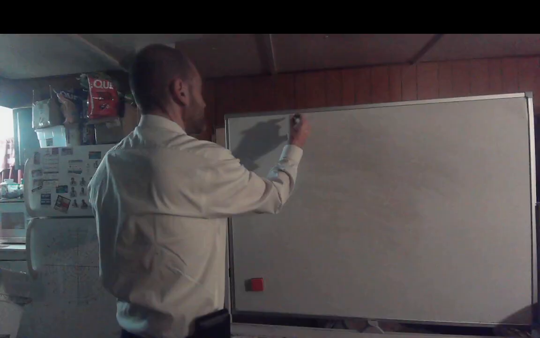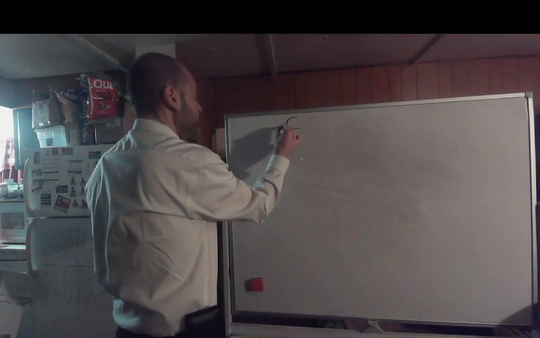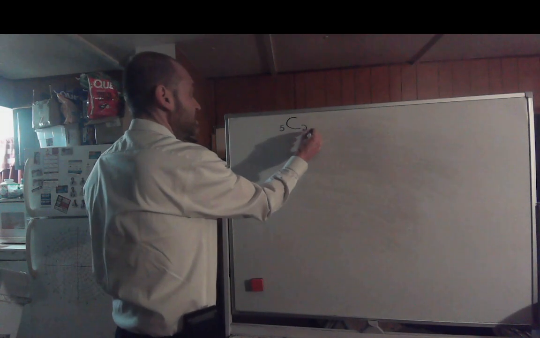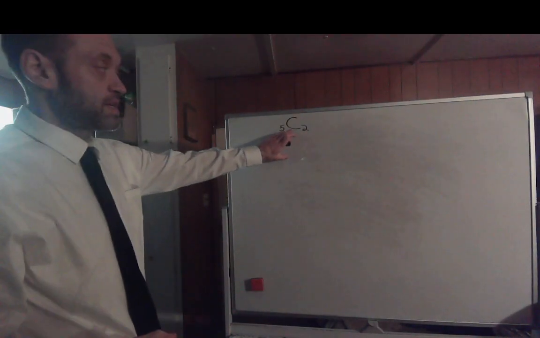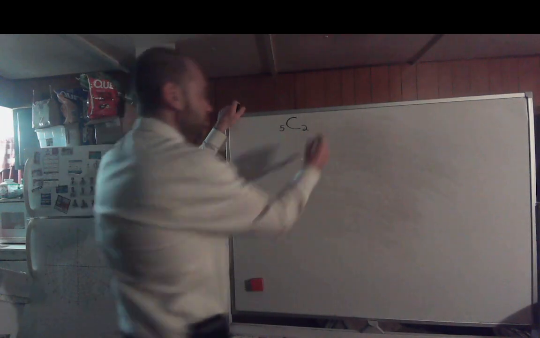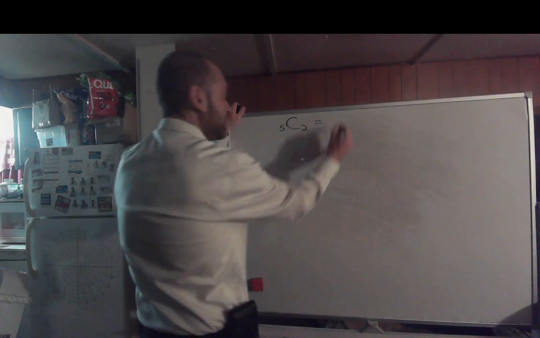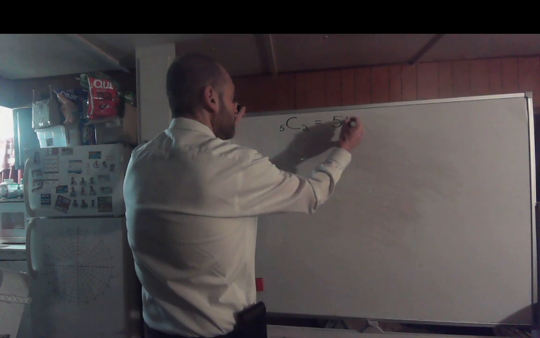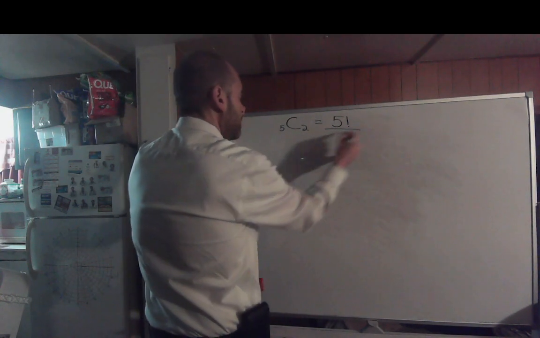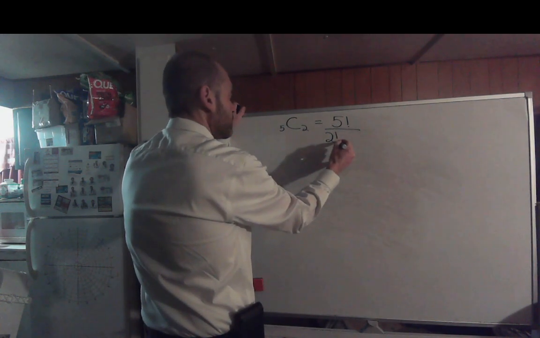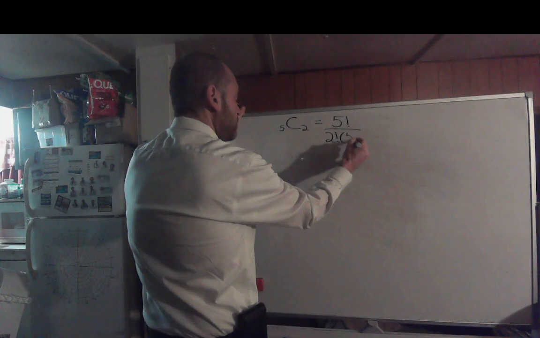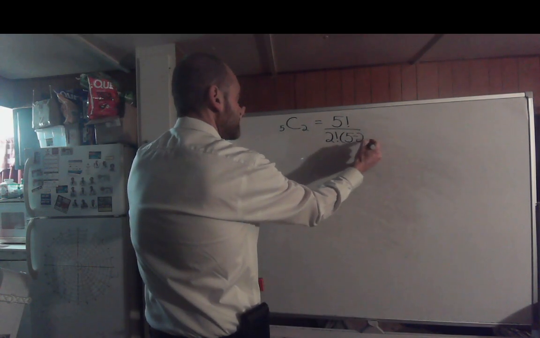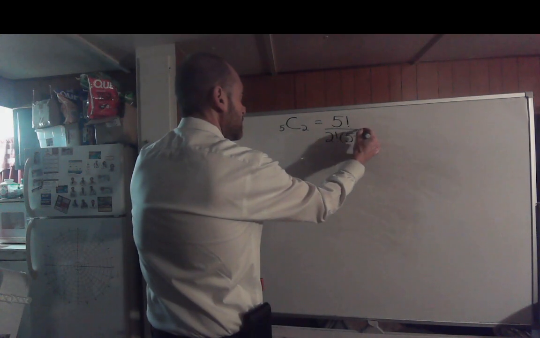So let's take the combination of 5 items 2 at a time. So this is going to equal 5 factorial all over 2 factorial times the quantity of 5 minus 2 factorial.